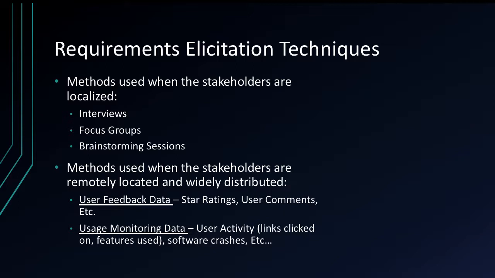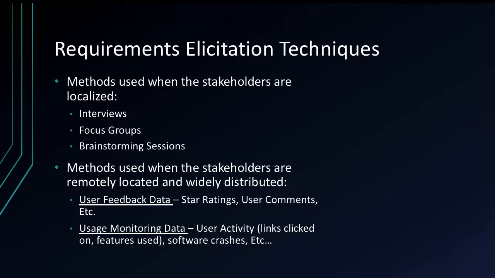For example, companies can use the average rating out of 5 stars in order to determine how their software is liked by its user base. And developers can use user comments to learn about bugs that people have discovered. They can also see what features people particularly like or what features users would like to see added to the next release. So that's user feedback data.